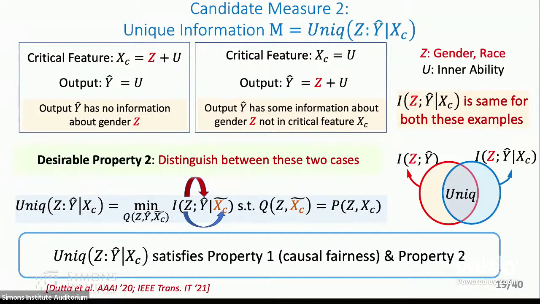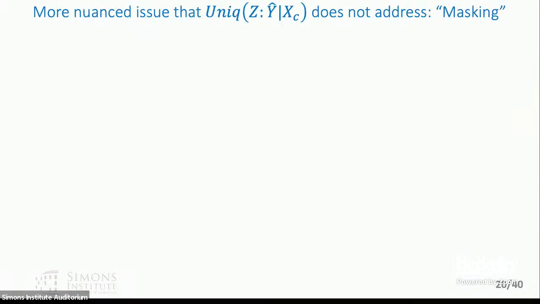computing this non-exempt disparity, and it's also observational in the sense that until now we have not yet leveraged the causality structure or the causal model or anything like that. It does have some nice properties, but then there are some more nuanced scenarios that even unique information is not able to address, which is this case of masking. So what is masking?